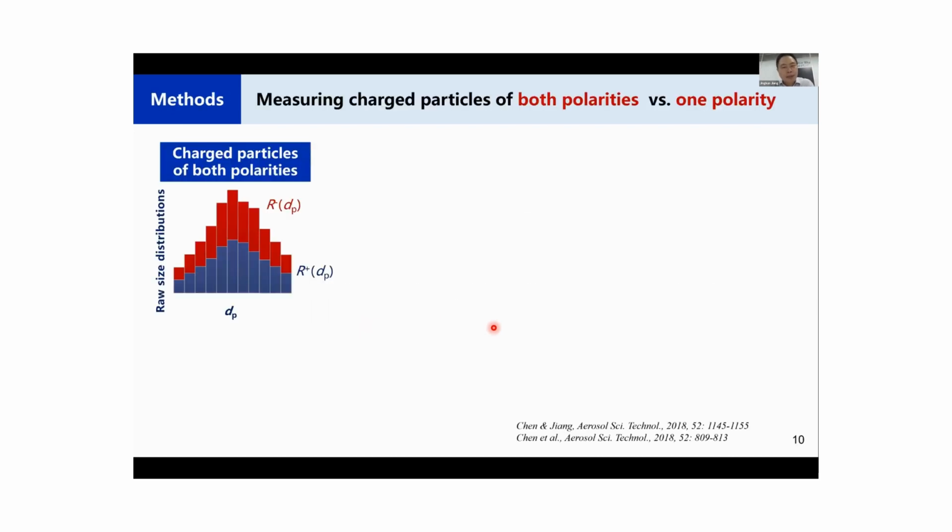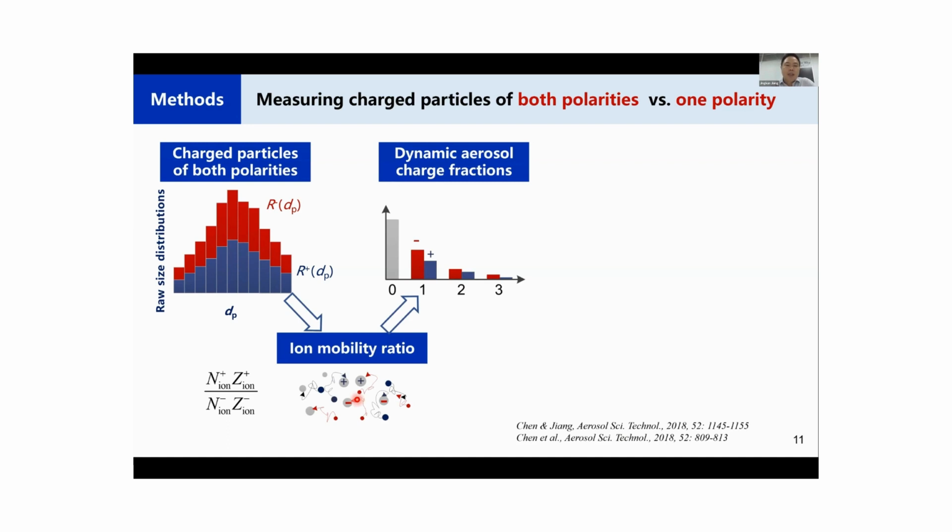The solution actually goes back to the theory, the principle of how we measure the aerosol. As I mentioned earlier, for the current mobility spectrometer, we often classify charged particles of one polarity. What I'm showing here in a few recent papers is that if we classify charged particles of both polarities and look at their relative abundance, this ratio actually reflects the competition between positive ions and negative ions.